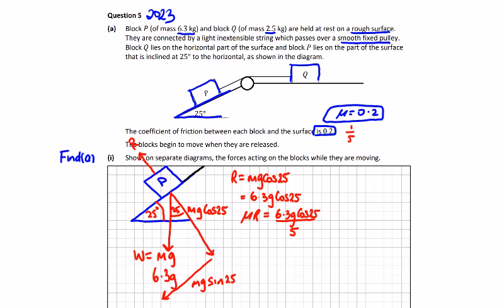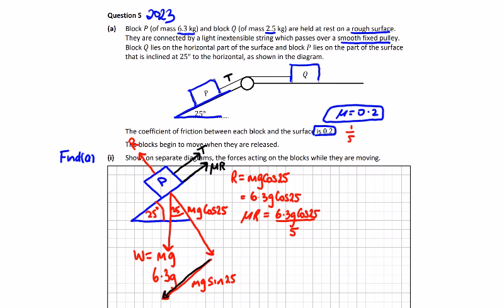So we write the equation for this first. P is going down the hill. We have tension in the string, going up the hill in the other direction.